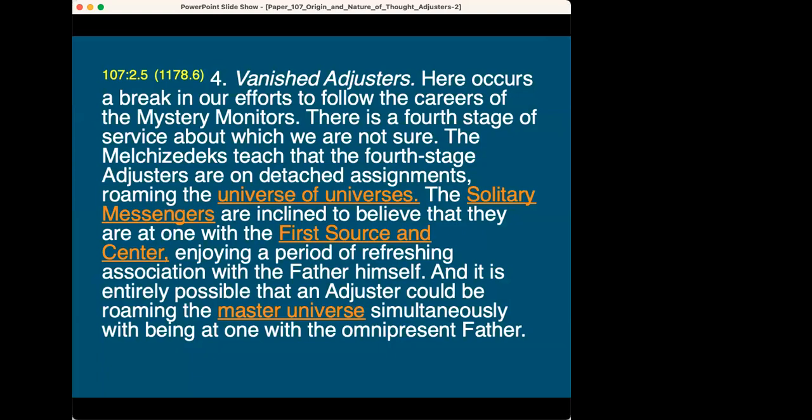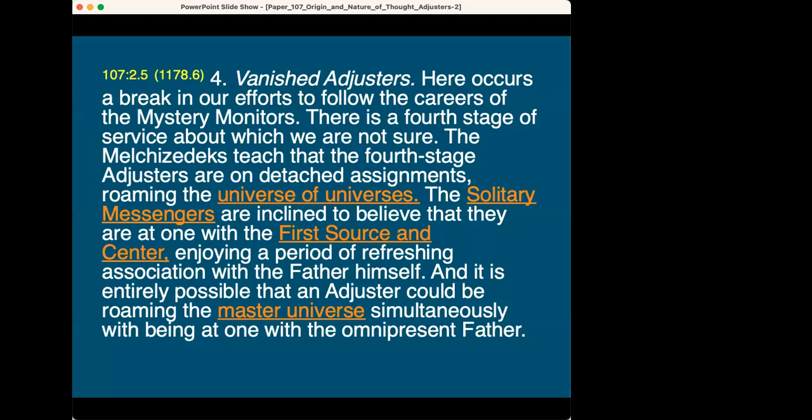Okay. 4, vanished adjusters. Here occurs a break in our efforts to follow the career of the mystery monitors. There is a 4th stage of service about which we are not sure. The Melchizedeks teach that the 4th stage adjusters are on detached assignments, roaming the universe of universes.